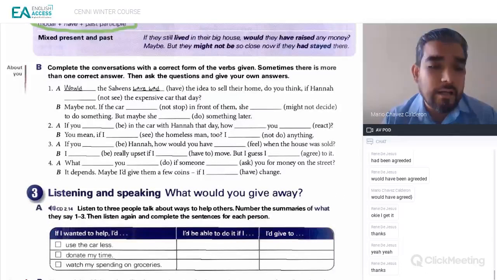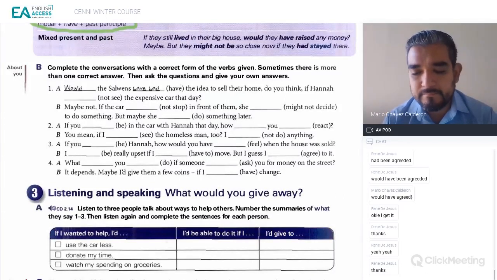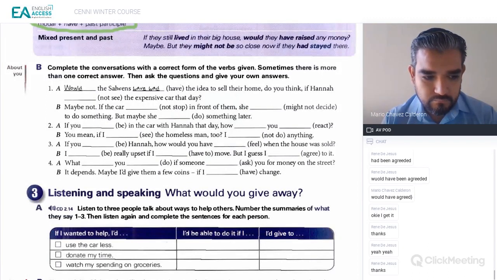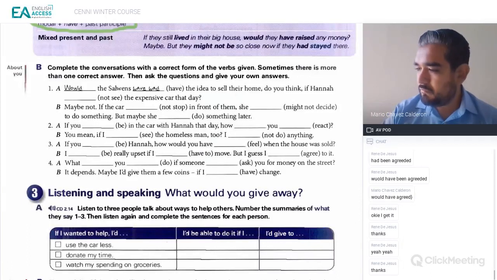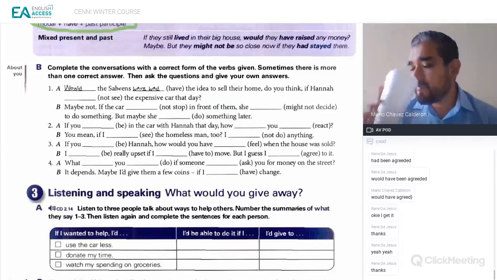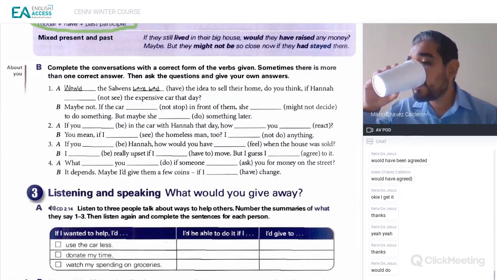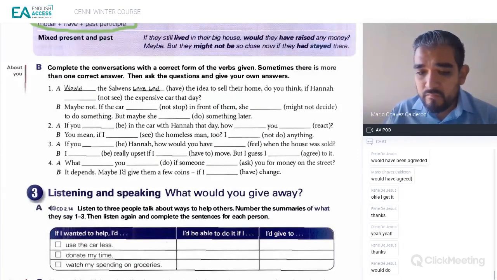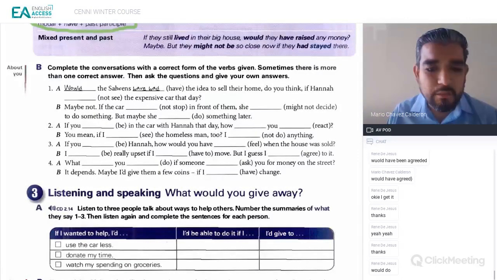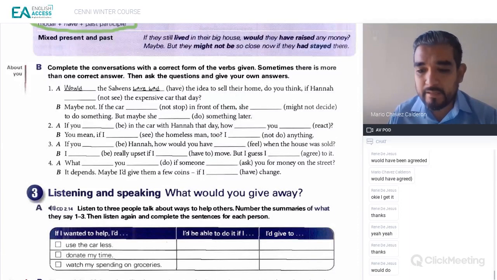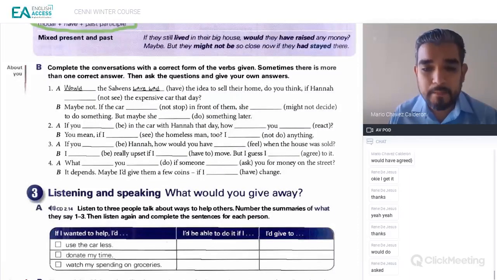And it says, what? The last one, please. What would you do if someone asked you for money on the street? Very good. It depends.